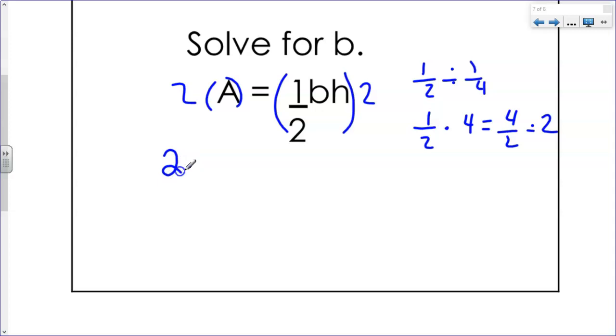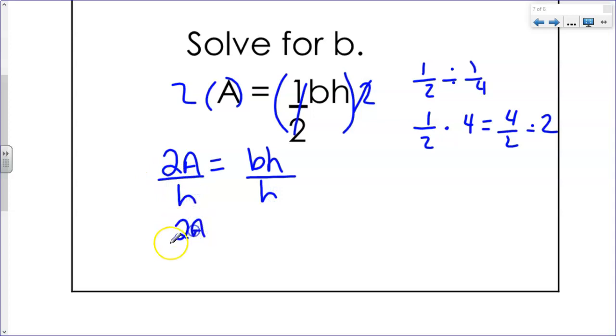That gives me 2a. 1/2 of 2 is just 1, so that cancels, equals bh. Now at this point, you have to go back and ask, what am I solving for? I'm solving for b. So I'm going to divide both sides by h. So 2a over h equals b. When you have all these letters, you have to make sure you solve for the correct one.